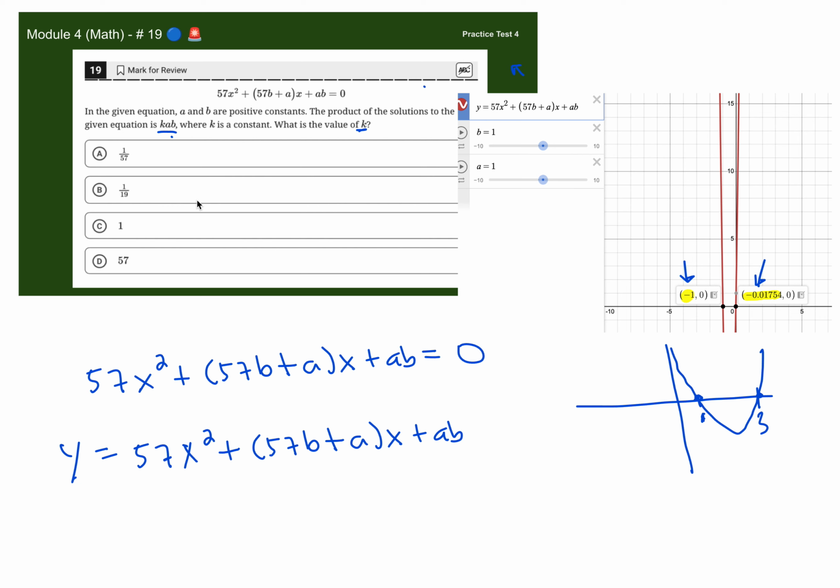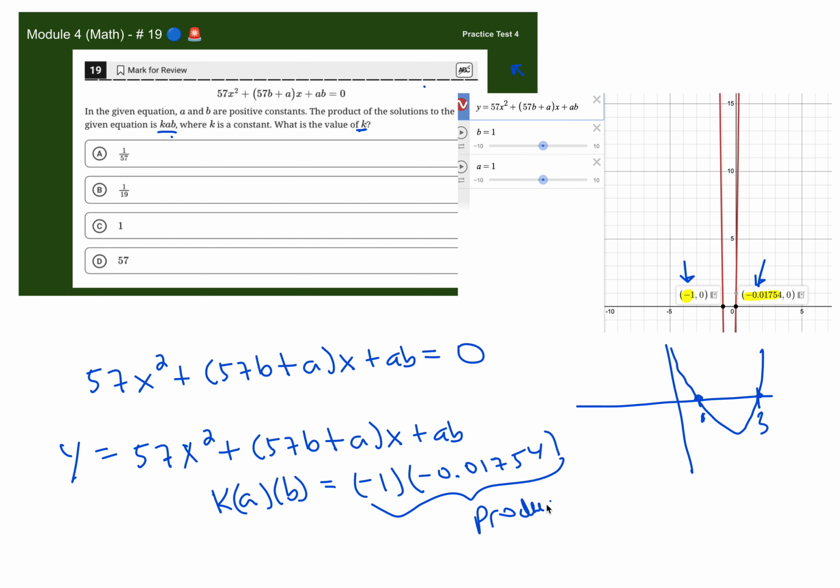So I can say that KAB equals -1 times this number over here, -0.01754, because this is the product of the solutions, right? Meaning you multiply the solutions together, or you multiply the x-intercepts together.